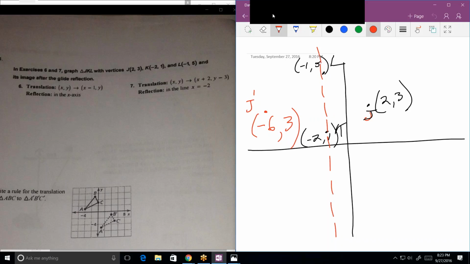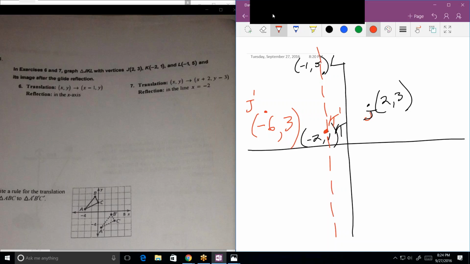How does K reflect? K's a little bit strange. Where's K prime going to be? Wouldn't it just go on the other side? Same spot. That's K prime also, because we're reflecting about the line that it's already on. It's 0 distance from that line, so after I reflect, it's still in the same place.